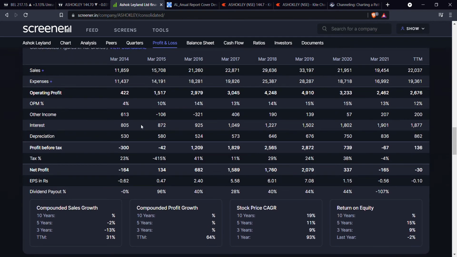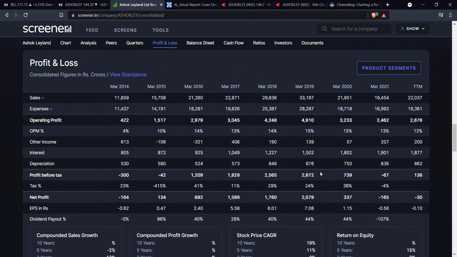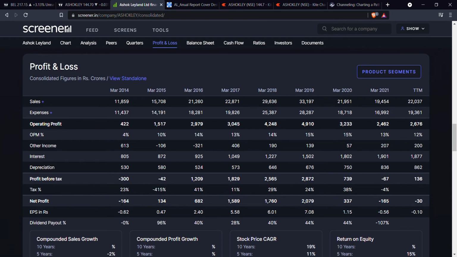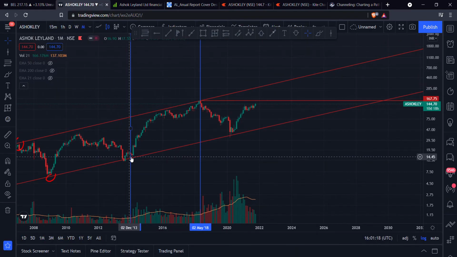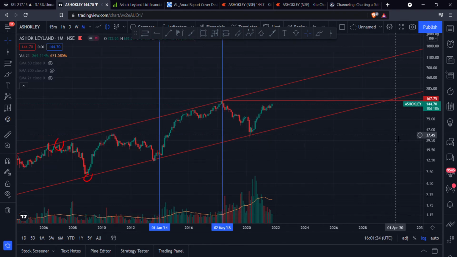So that leads to better profitability, as you can see here, from the loss of 164 crore to the profit of 2000 crore. Along with that, the share price also went up almost 1000% from 15 rupees to 160 rupees.